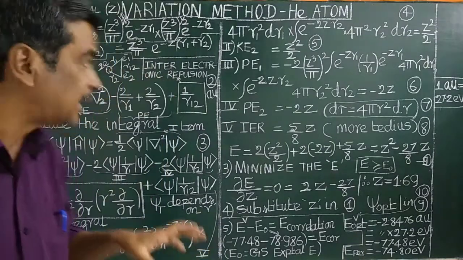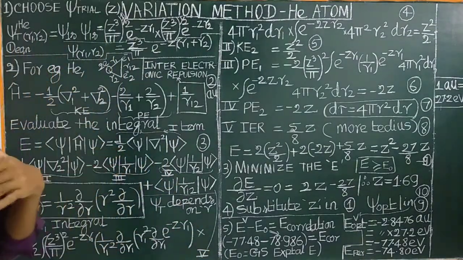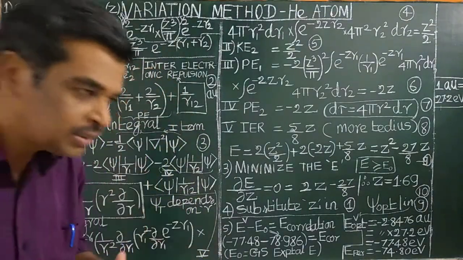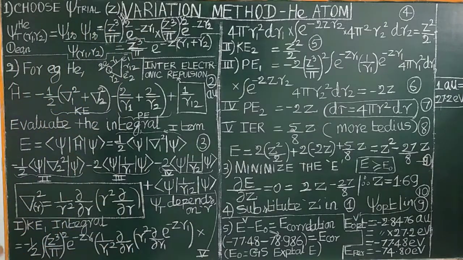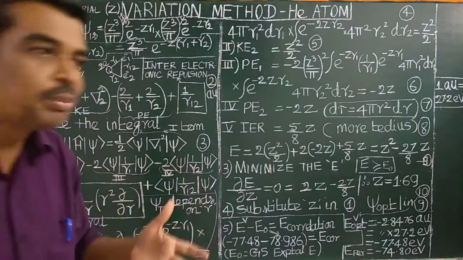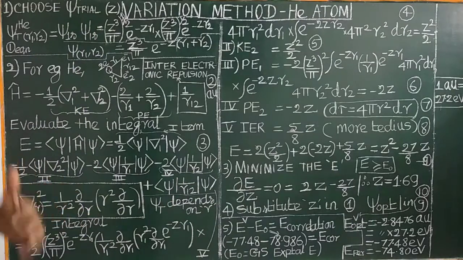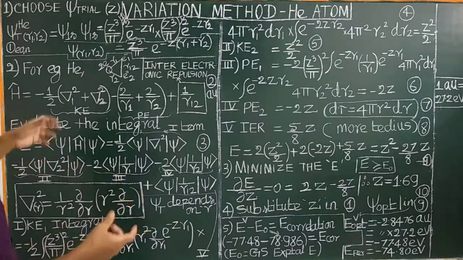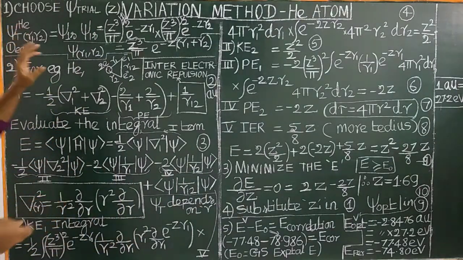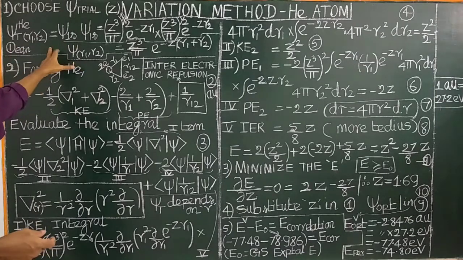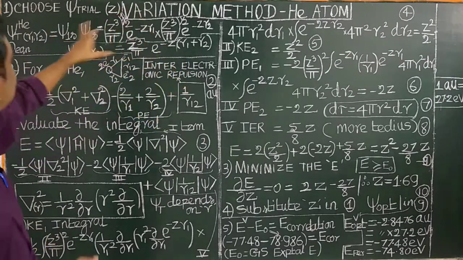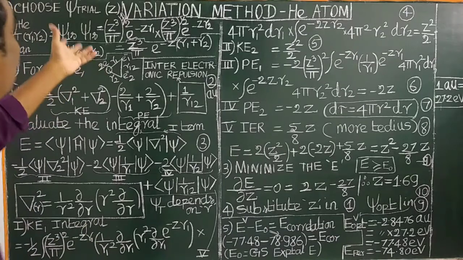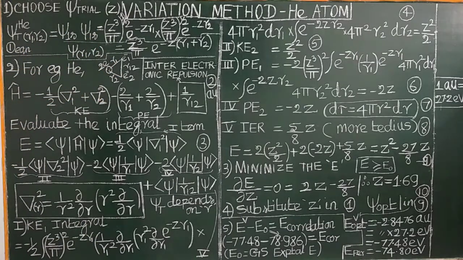Only for the hydrogen atom is the Schrödinger wave equation exactly solved and the wave function obtained. The wave functions are nothing but called atomic orbitals. Therefore, the trial wave function of the helium atom is obtained from the hydrogen atom 1s atomic orbital wave function.